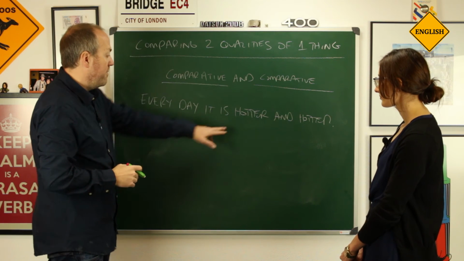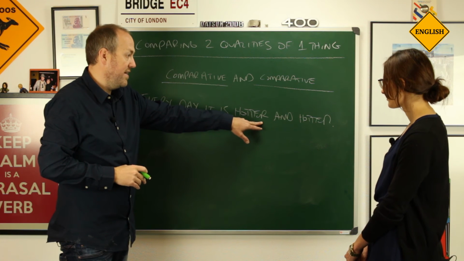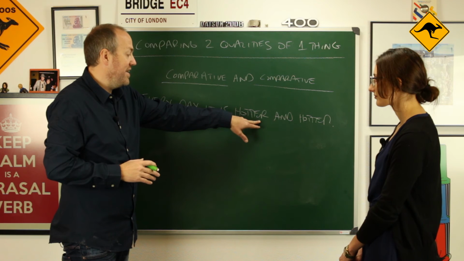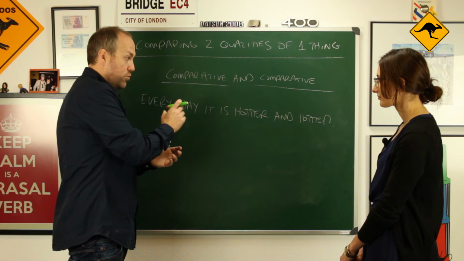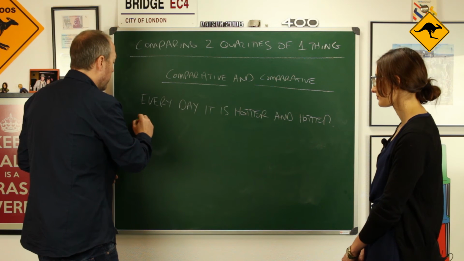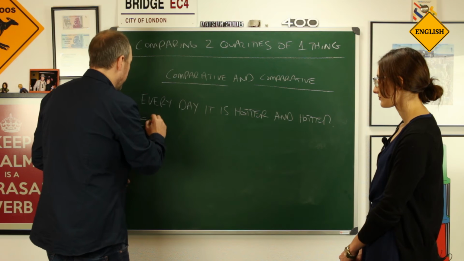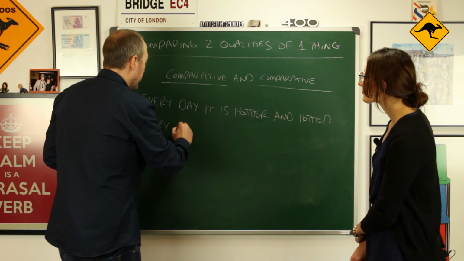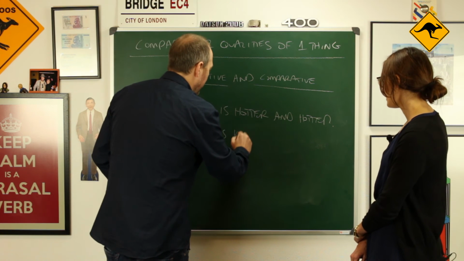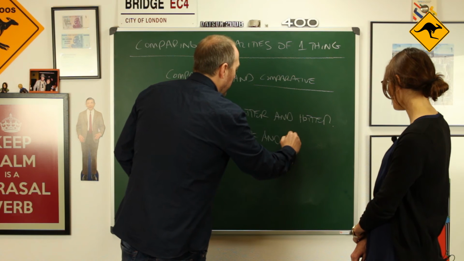Okay? Now, in this case, you see we have this form of the adjective with er. But if we have the extra word more, okay, then we use that instead. For example, what is this sentence with a different adjective? Every day is more and more beautiful.